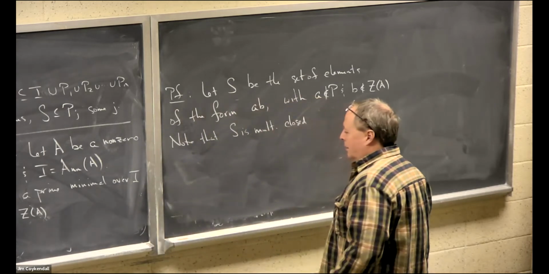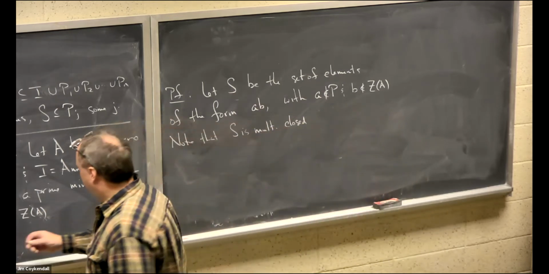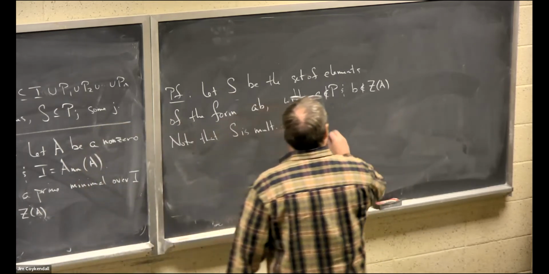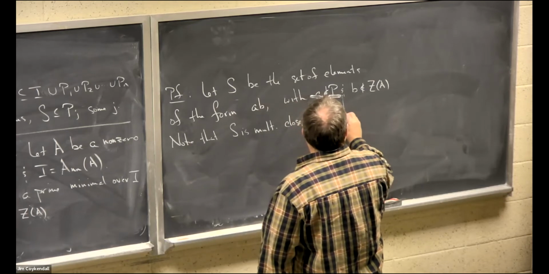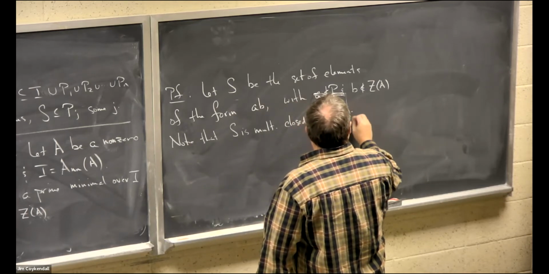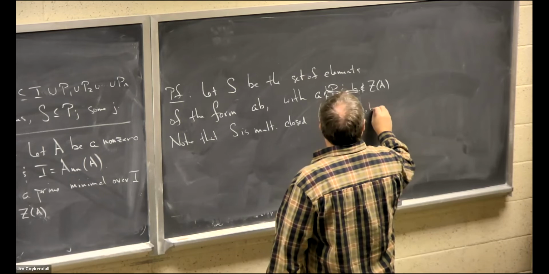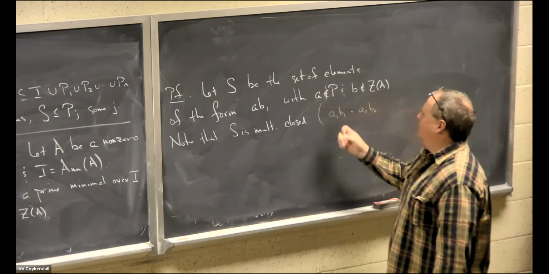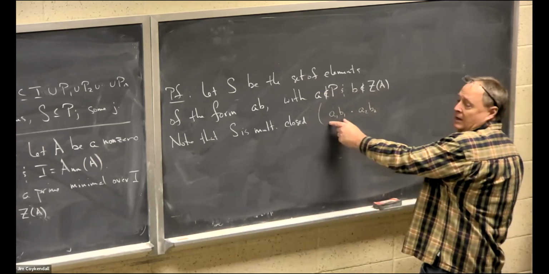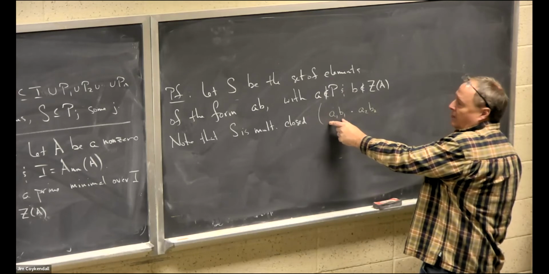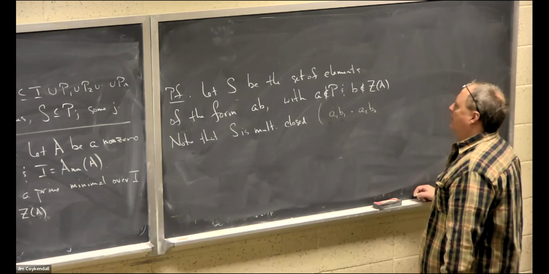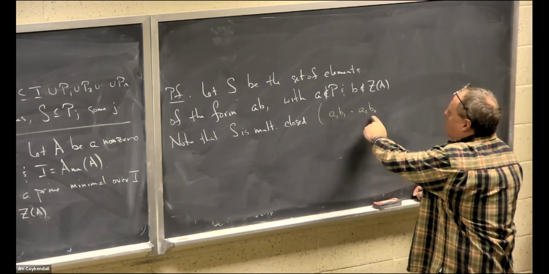Right? Because if you have, hopefully my notation is suggestive, a1 is not in P and b is not a zero divisor on A, so it doesn't kill any non-zero element.